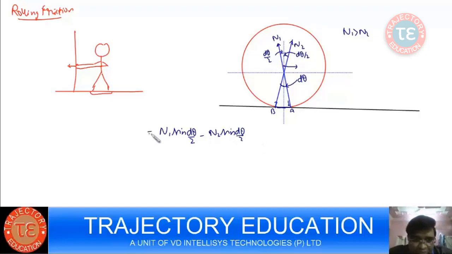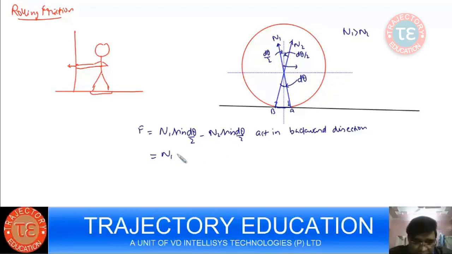So you have this force on the wheel which acts in backward direction. You have this much force acting in backward direction.